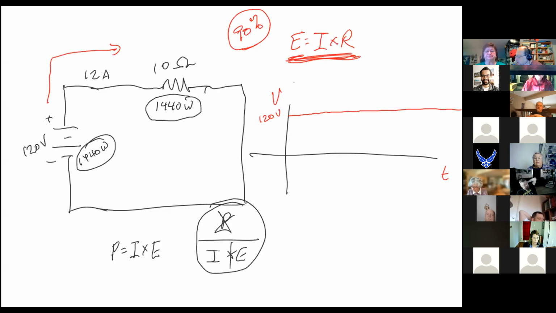Remember yesterday we drew sine waves and spent a little time on them, and there was a mention of something called RMS. RMS was the ability of a sine wave to produce the same amount of power as a DC voltage.